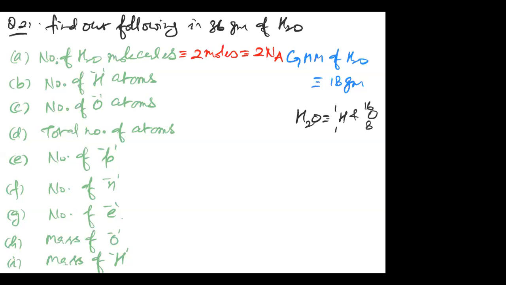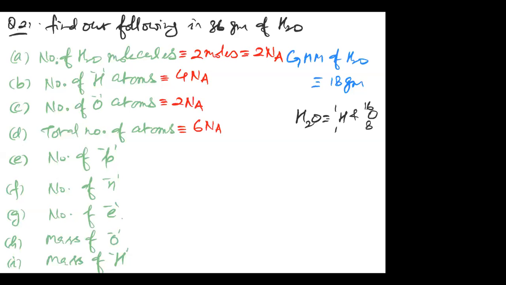The number of hydrogen atoms should be 4Na, as every water molecule consists of 2 hydrogen atoms. The number of oxygen atoms should be equal to 2Na, and the total number of atoms, you just add oxygen atoms and hydrogen atoms. It should be 6 times Avogadro number, 6Na.